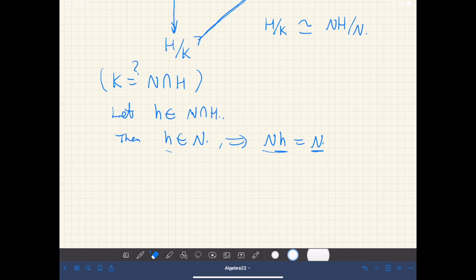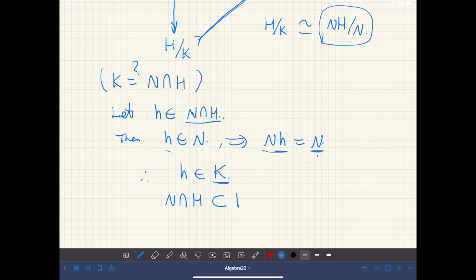And since this is the identity element of this quotient group, that means h is an element of K. So if we pick an element from here, then it is an element of the kernel. So this means N cap H is a subset of K.